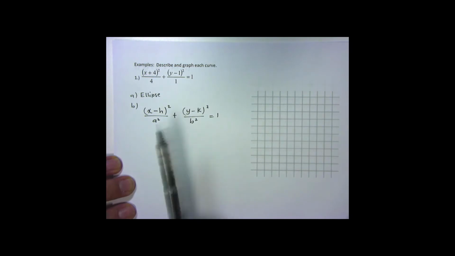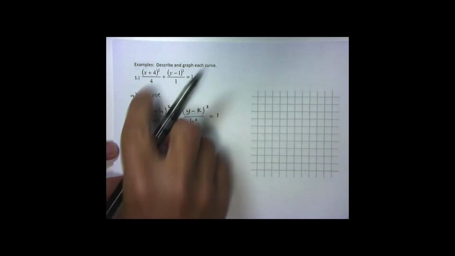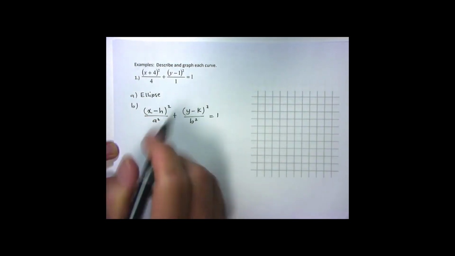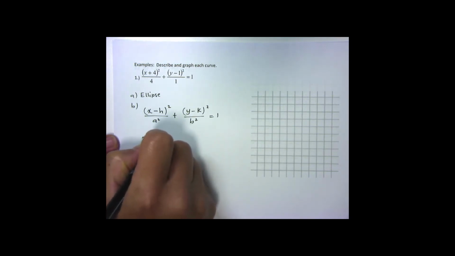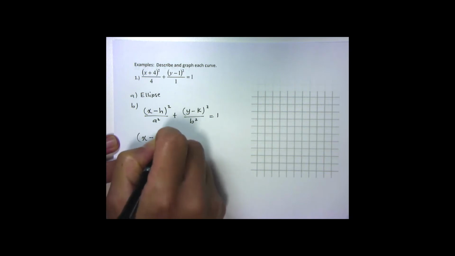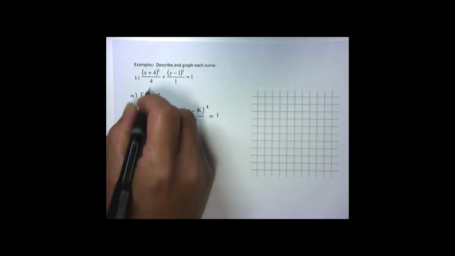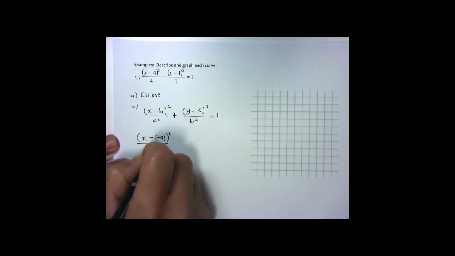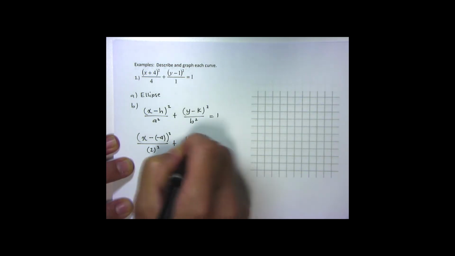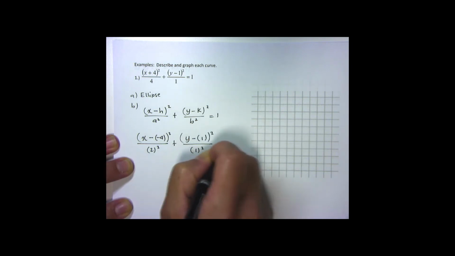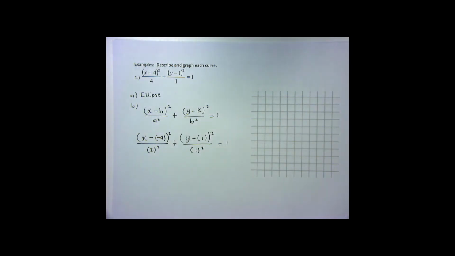If I rewrite this so it fits the formula exactly, I will have (x minus negative 4) squared divided by 4, which can be written as 2 squared, plus (y minus 1) squared divided by 1 squared equals 1. And so now we can see the correspondence really clearly, right?